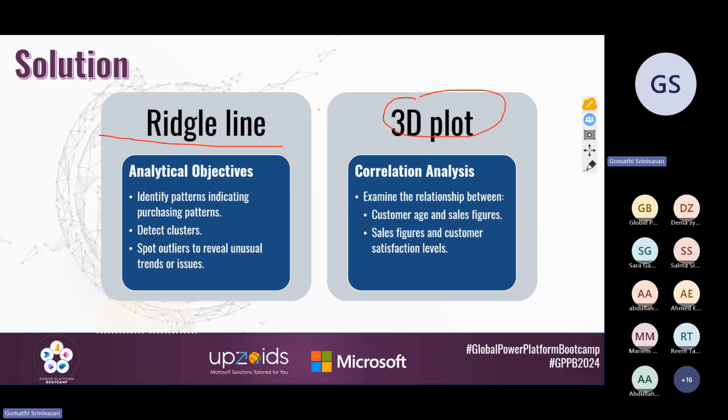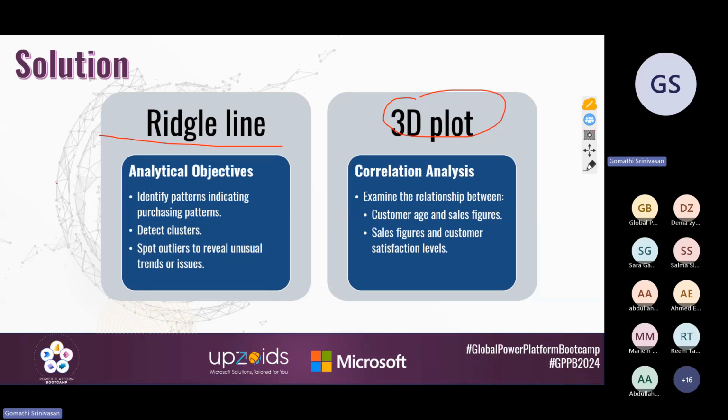So what is the ridgeline plot's objective? The main objective is to identify patterns indicating purchasing behaviors and detect outliers signifying common customer characteristics. A ridgeline plot is ideal for detailed distribution analysis, making it a powerful tool for achieving analytical objectives.